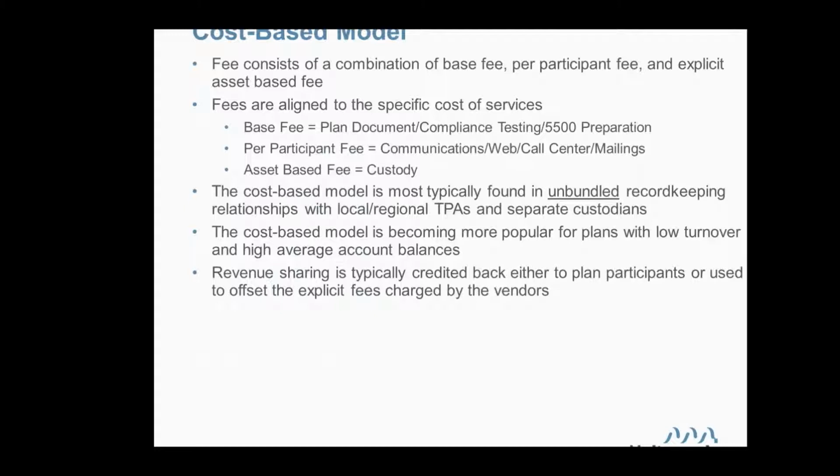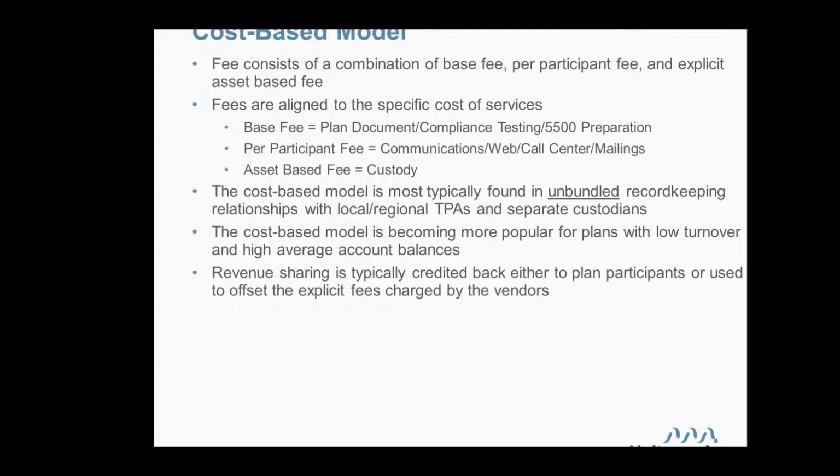The cost-based model is most typically found in unbundled record-keeping relationships with local or regional TPAs. And if you have that, you're familiar with getting a separate bill, an invoice for 5500 services or participant services. The cost-based model is becoming more popular for plans with low turnover and higher average account balances.